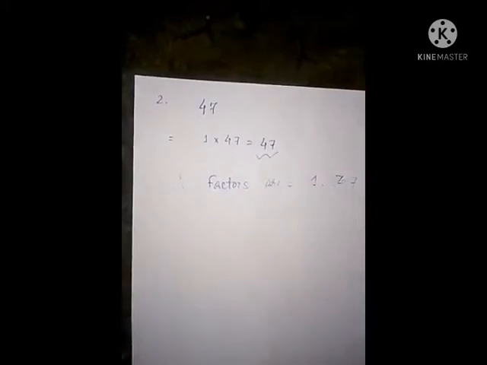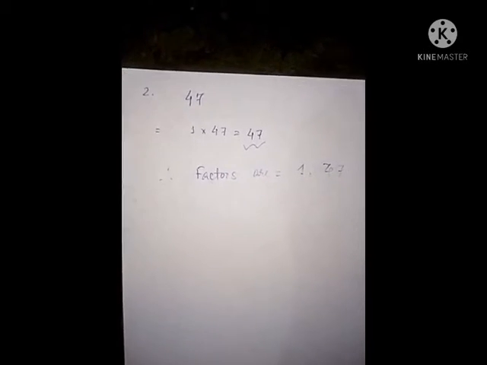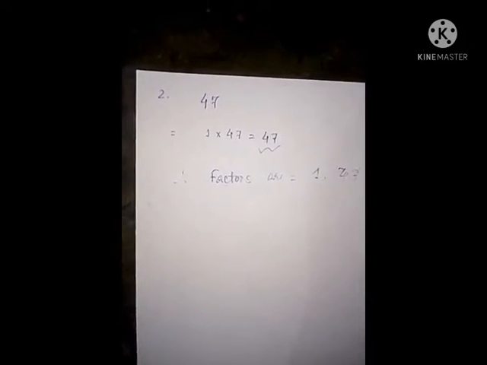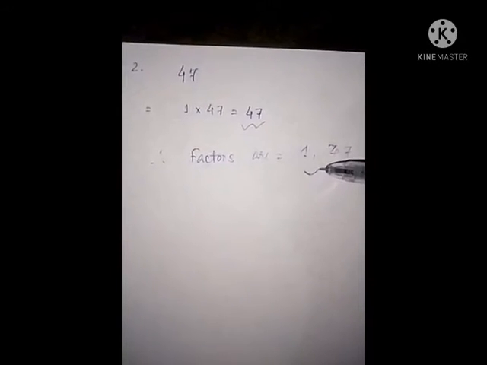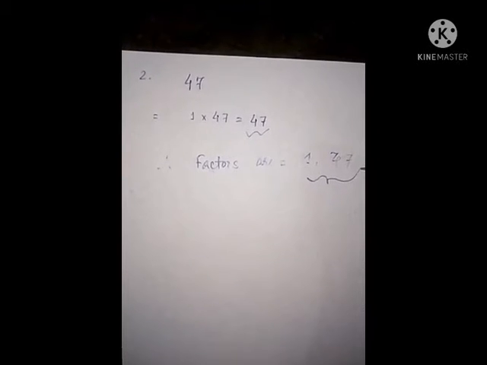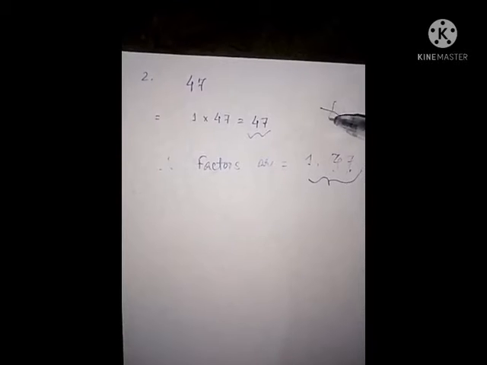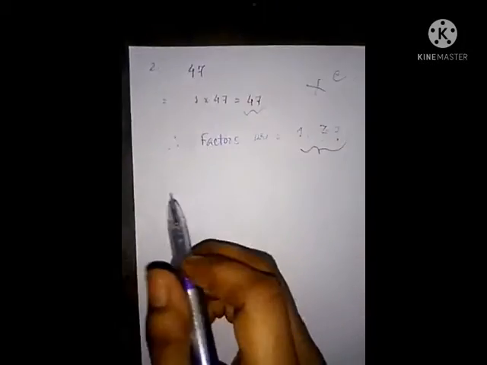So 47 has only two factors, and as the question says we have to pick out composite numbers, it does not have more than two factors. It has only two factors, so this is not a composite number. Understand?